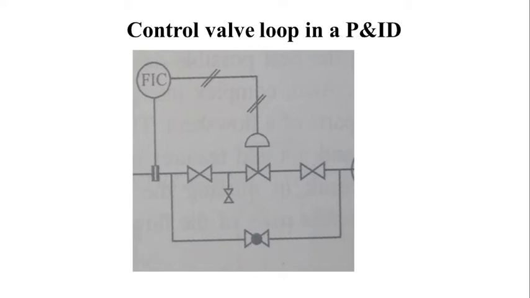We have not dealt with the sizing of the valves here in detail, but if you're talking about control valve sizing, the process is finding out the valve factor Cv. The valve factor Cv, basically, is an indication of the size in an indirect way, in the sense that it's the US gallons per minute of flow through the valve when the pressure drop across the valve is 1 psi and the valve is 100% open.